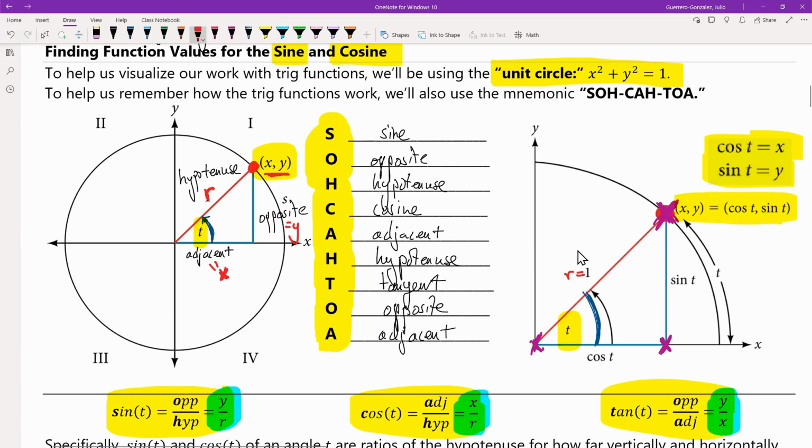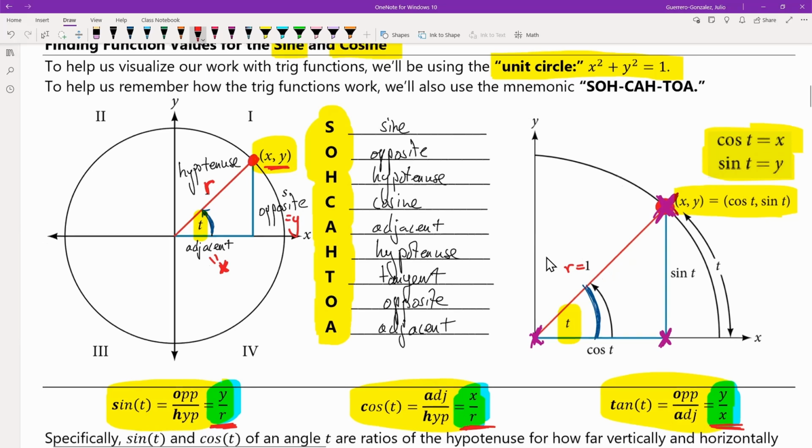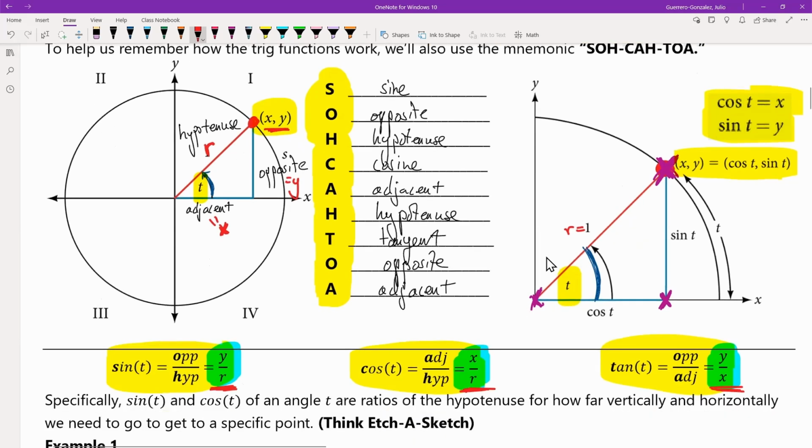These right here, the things that are in blue, are the actual definitions of sine, cosine, and tangent. They are essentially, let me scroll a little further down, the ratio of the hypotenuse and how far vertically or horizontally you need to go to get to this point right here.